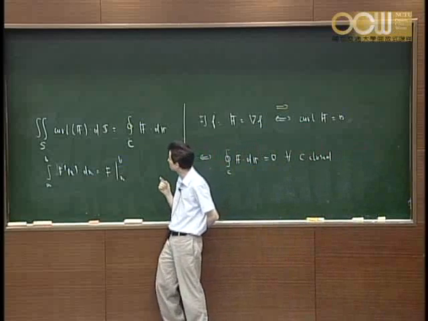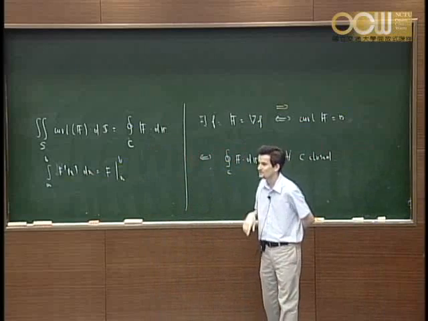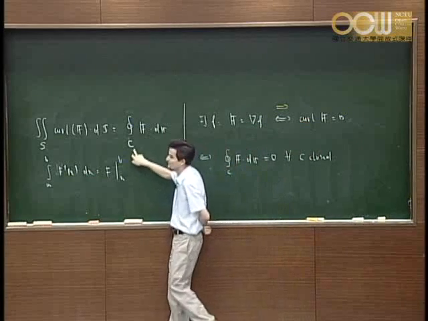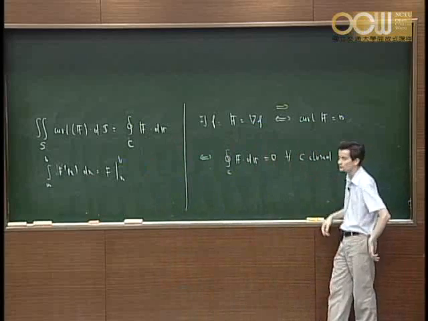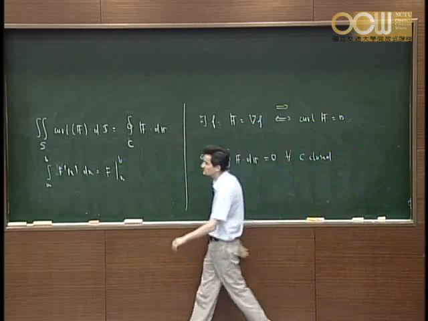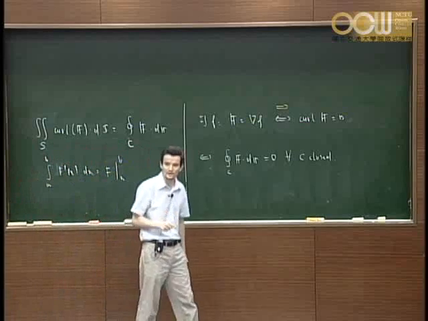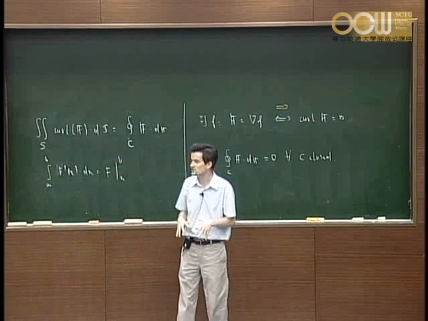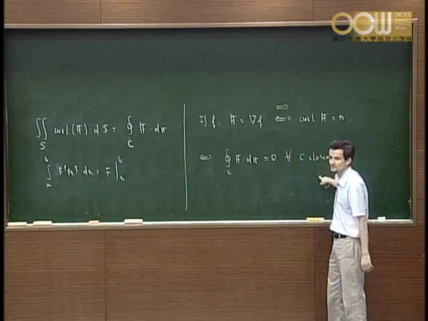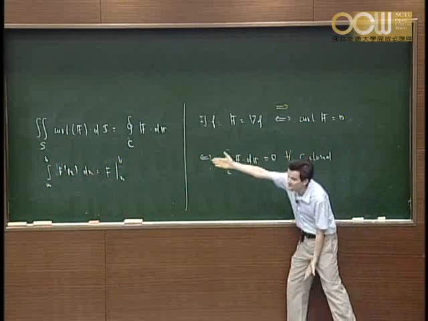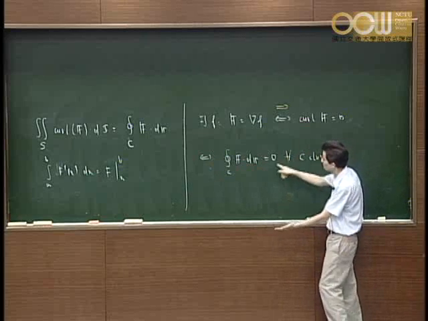The only thing which you have to do, and this is not trivial, this is not so easy, is to show, because you have given C here with an orientation, that it's possible to construct a surface which you can orient in such a way that the induced orientation of C is the orientation you already have here. So if you want to apply this, because you have a simple closed curve, you want to prove this here.